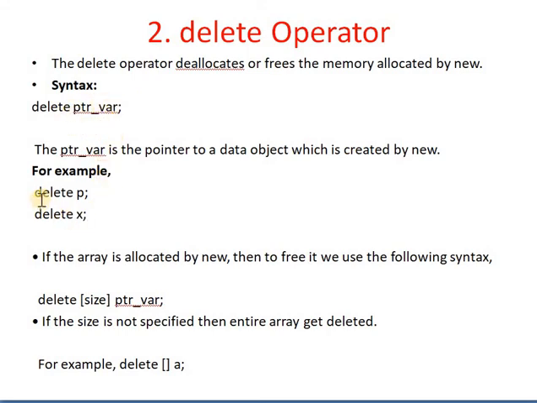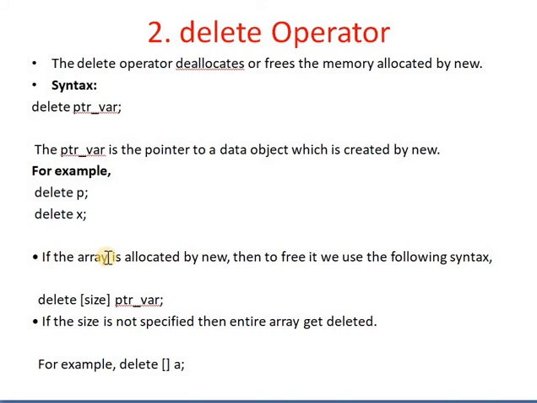For example, delete p. In the previous case we created two pointers p and q, but now I don't require p, so I am deleting it by using the delete p statement.